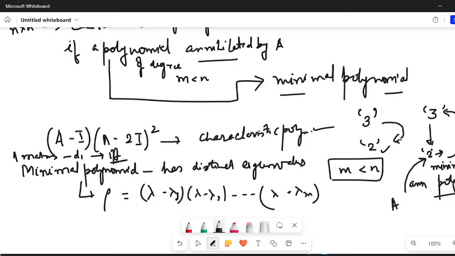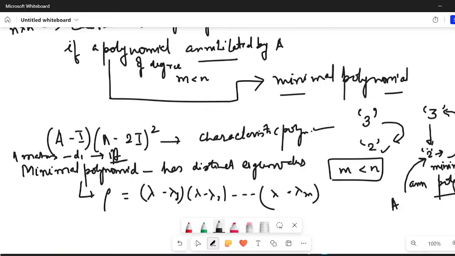Okay, is that okay? So what I'm trying to say, see, the characteristic polynomial will be of degree 3. If I get a polynomial of degree 2 which annihilates my matrix A, then this quadratic polynomial will be called the minimal polynomial, because it is satisfying my A and its degree is less than 3.